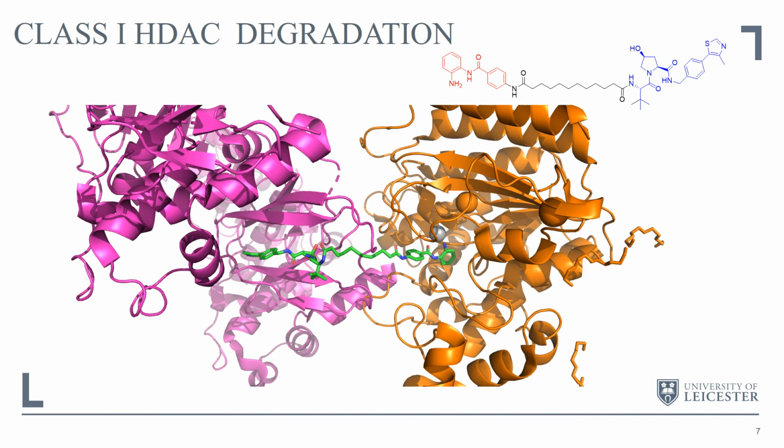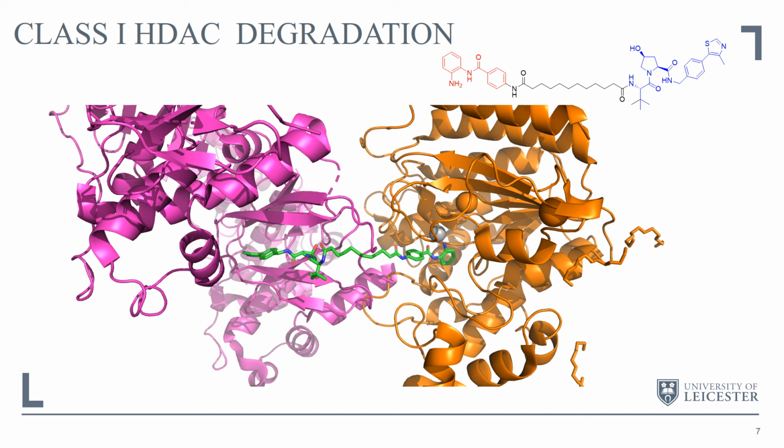Okay, and this is a model here. So this is the HDAC enzyme in orange, the protein HDAC enzyme, and this is the E3 ligand in purple, and this is our molecule here, which brings these two proteins together to form a protein-protein interaction. This red part is this part here.